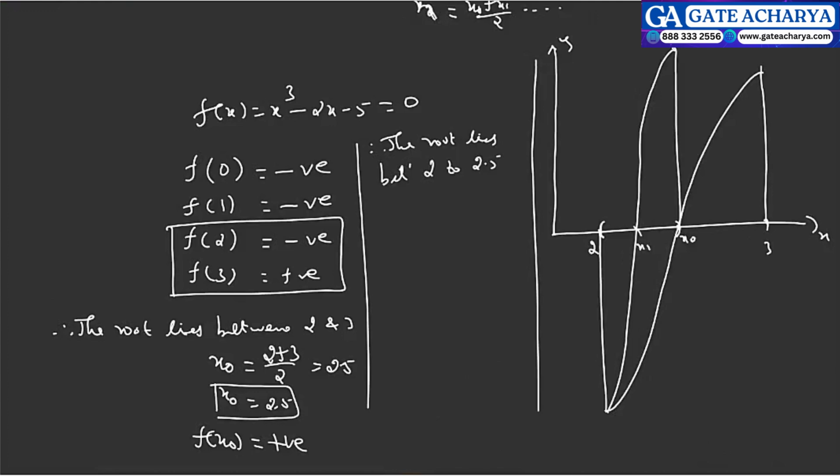The x1 point lies between 2 and x0. So what is x1? Now here we apply the bisection method. Bisect the interval: 2 plus x0 by 2. So 2 plus 2.5, which we already found, divided by 2, that is 4.5 by 2, that is 2.25. That is our x1. 2.25 is x1.